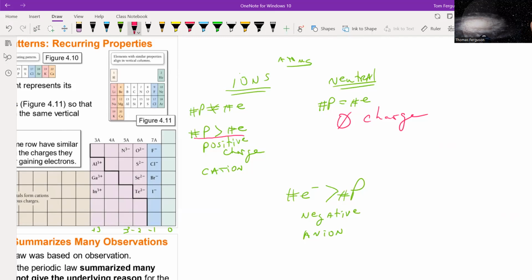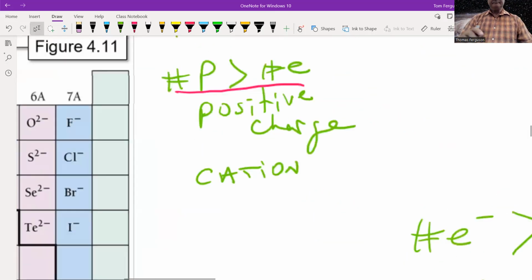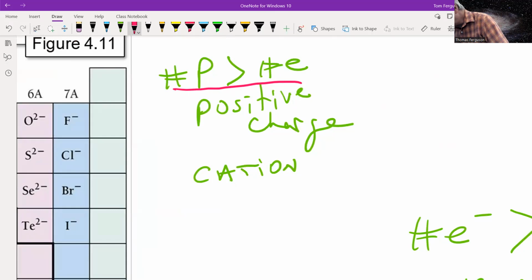And the charge is by how much? So we have a net positive charge, and that is called a cation. An easy way to remember that is the t in cation looks like a plus sign.